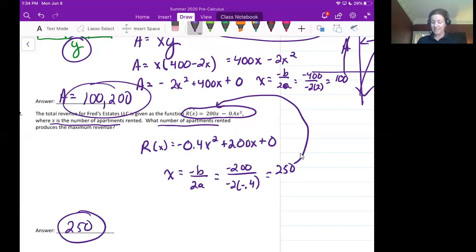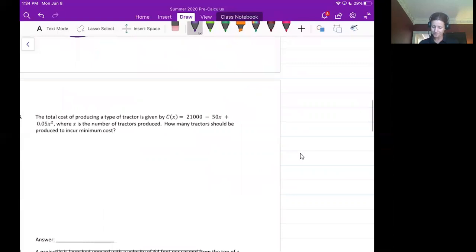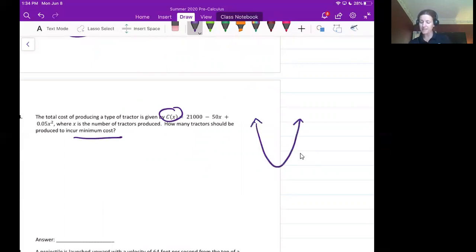Number 3 works the exact same way as number 2. We have a cost function, but notice this time they want the minimum. All that means is our parabola looks like this this time, but our minimum is still going to occur at the vertex. I'm going to rewrite my cost function in standard form.